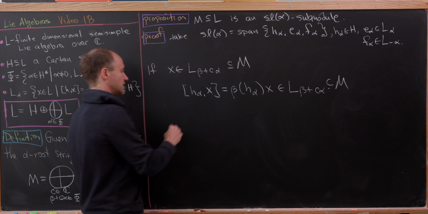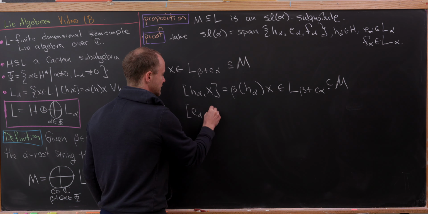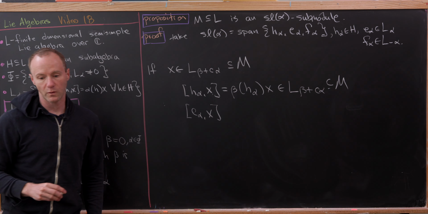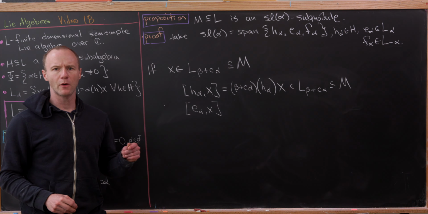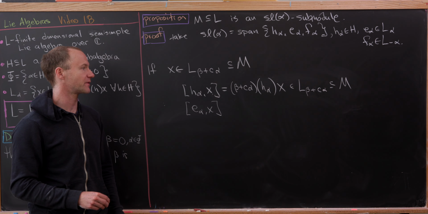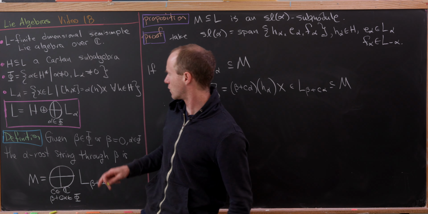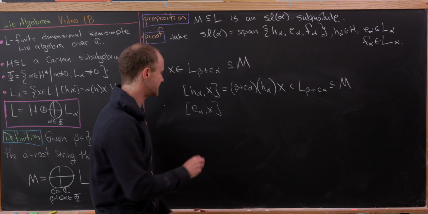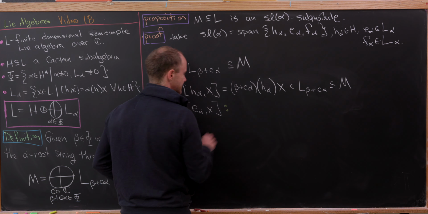Okay, so now let's look at E alpha. If we do E alpha with X, where do we end up? But now we can't really determine where this is unless we bracket it with something from H, just recalling what it takes to be inside of one of these root spaces. So let's do that.